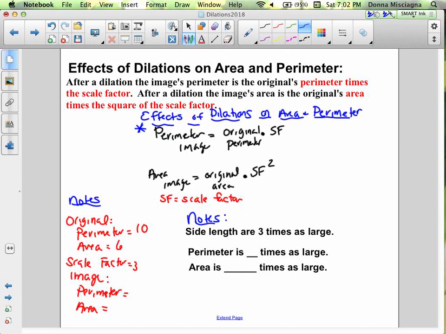All right, so for instance, if the original has a perimeter of 10 and an area of 6 and our scale factor is 3, the perimeter is going to be 3 times as large. So that means the perimeter of the image is going to be the original, which was 10, times the scale factor, and so that one's going to be 30 units.